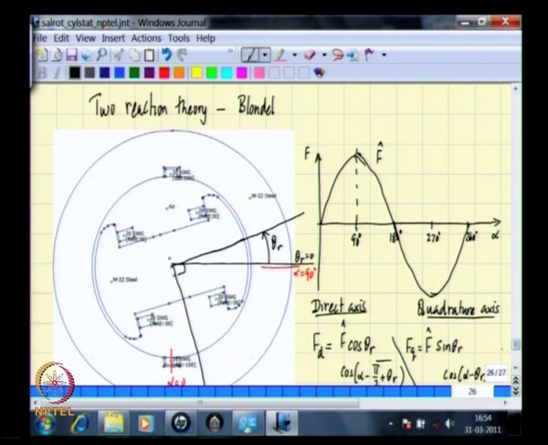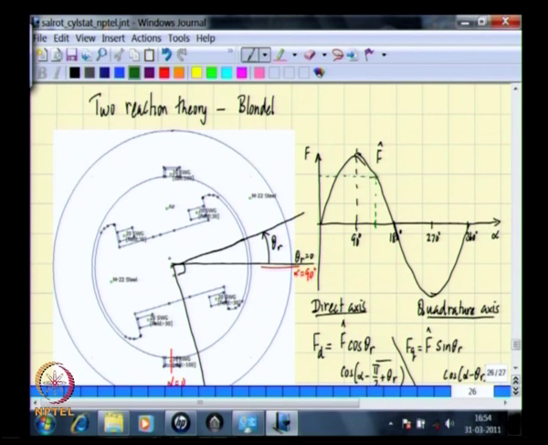To represent the whole thing in this graph, maybe take a green. We see that the rotor has moved to some particular angle theta r, and therefore the pole face axis would lie somewhere here at this angle, and f hat into cos of theta r would then give you this magnitude.